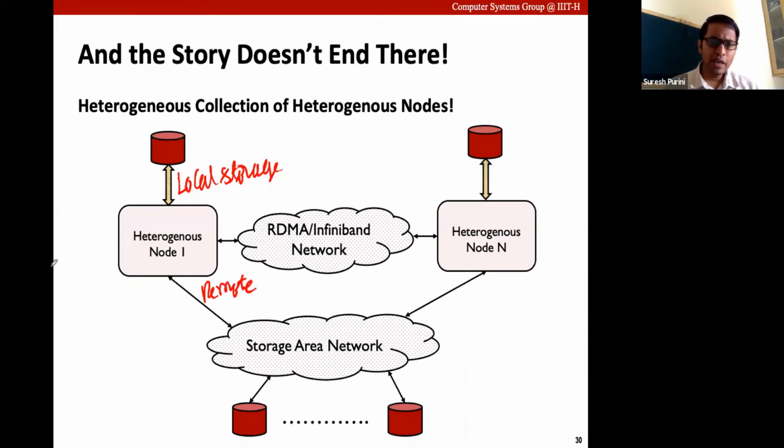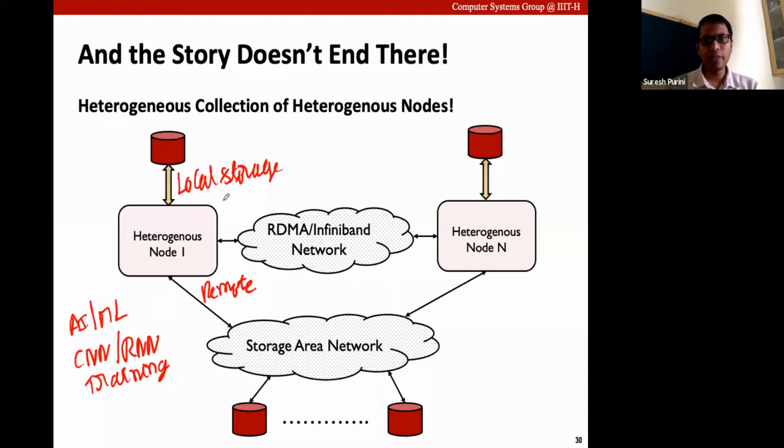For example, these days AI/ML applications are very popular. If you want to train a deep neural network, a convolutional neural network, CNN or RNN, these models are so big that they don't even fit into one machine, or even if they fit into one machine, you want to use the computational power available across nodes so that you can do your training fast.